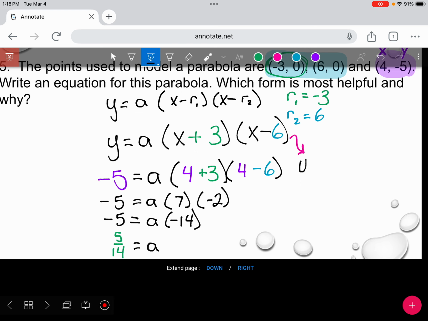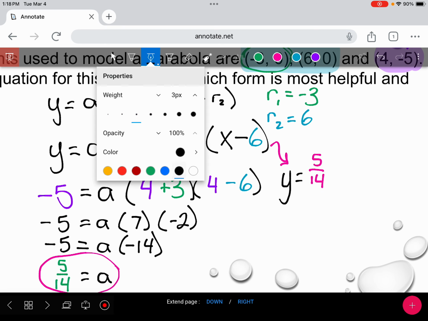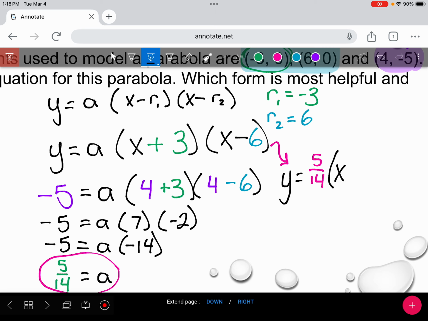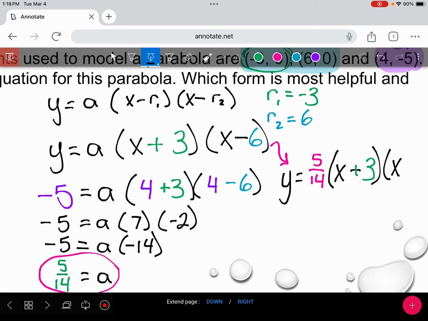So we'll have y equals whatever our a is. We just found our a to be 5 over 14. Then we have our (x plus 3) and our (x minus 6).